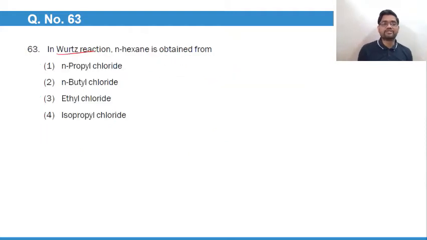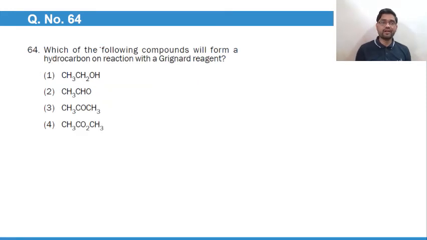Question 63: In Wurtz reaction, n-hexane is obtained by n-hexane. You have to break it in half, because from the Wurtz reaction you always get a symmetrical alkane. So it is n-propyl halide, so we take n-propyl chloride. Question 64: Which of the following compounds will form a hydrocarbon on reaction with Grignard's reagent?